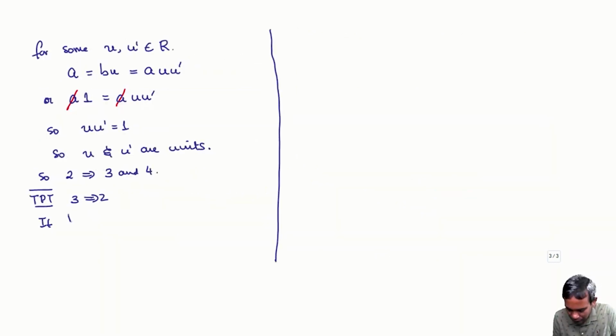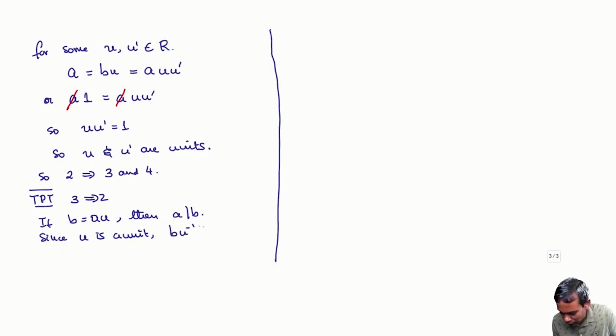Then obviously, even if U is not a unit, this means that A divides B. But since U is a unit, multiplying both sides by the inverse of U, we get BU inverse equals AUU inverse. But UU inverse is 1, so this is equal to A. So BU inverse is equal to A, so that means that B divides A.